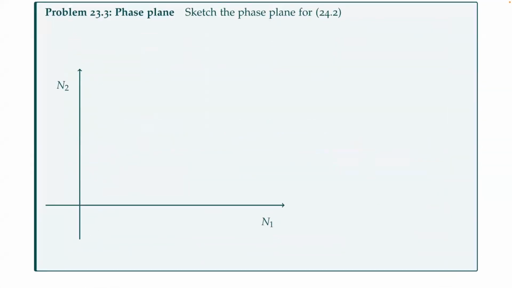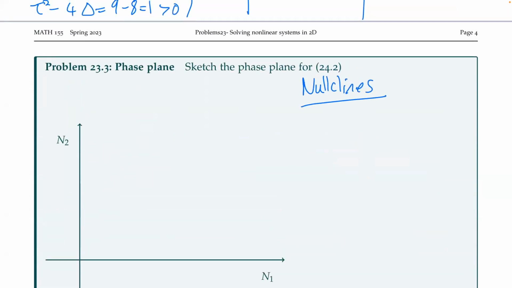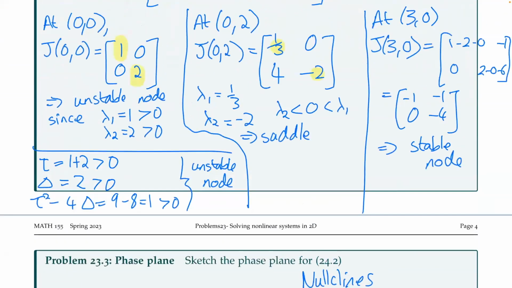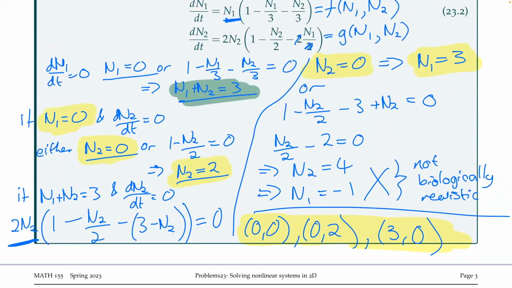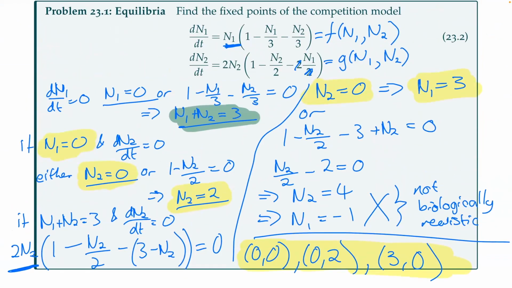Okay, let's think about the phase plane and see what's actually going on here. In this case, our null lines, if you've already calculated your equilibria, we've already done what we need to know for our null lines. If we go all the way back up here, we're setting dn1/dt equal to 0 and dn2/dt equal to 0.